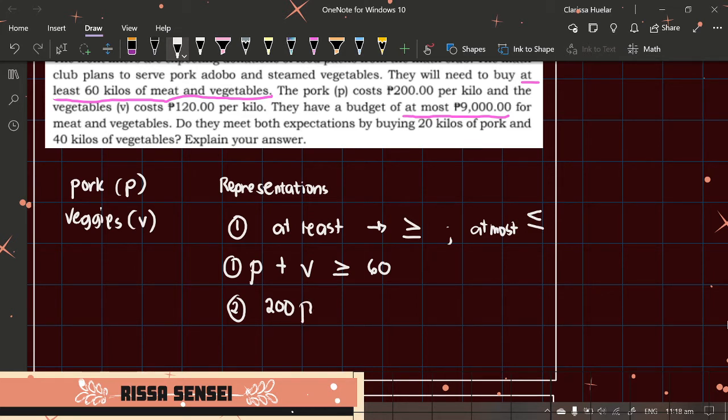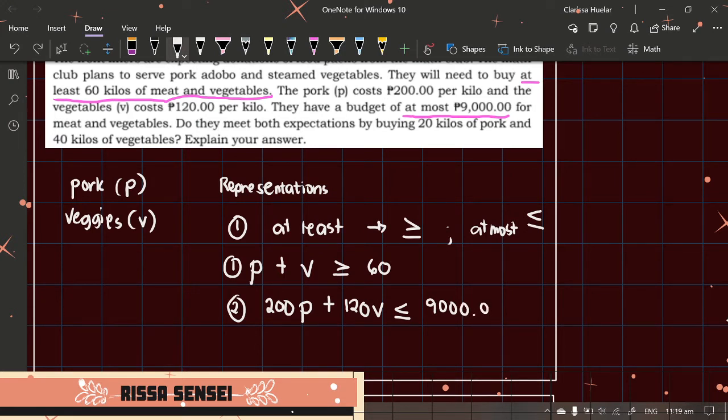So this is 200P plus magkano ang kilo ng vegetables? It's 120 times kung ilang kilo ba yung vegetables, di ba walang sinabi. So that's V. At most. So it's less than or equal to magkano yung budget? 9,000 pesos.